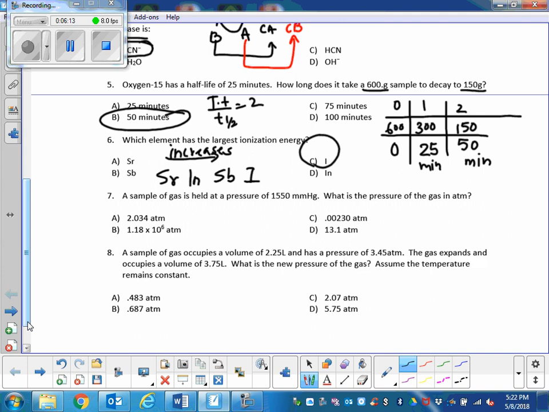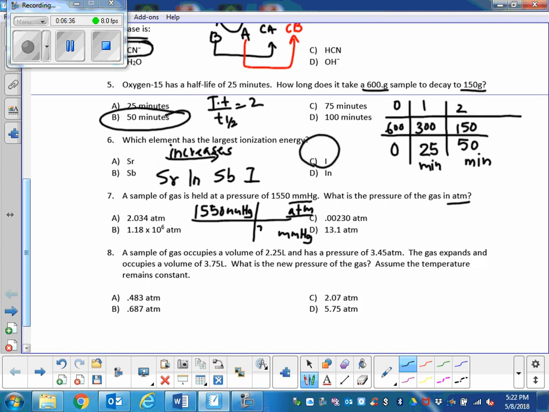So here is a gas, and the unit of pressure is millimeters of mercury. They want you to convert the unit from millimeters of mercury to atmospheres. The way you do this problem is you set it up as millimeters of mercury, you will cancel out millimeters of mercury, and you want to convert it into atmospheres.